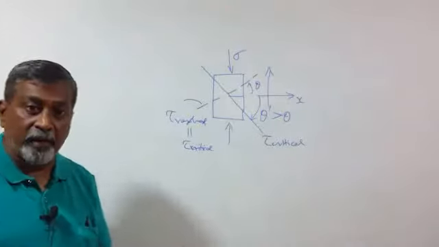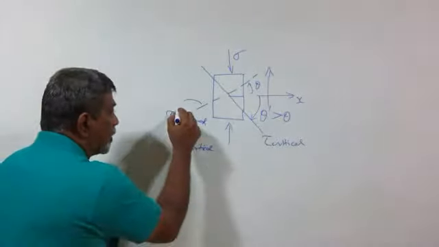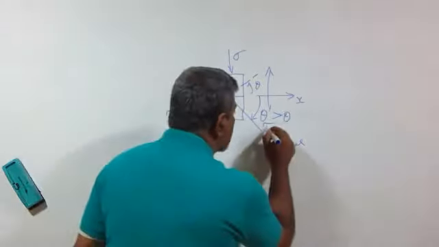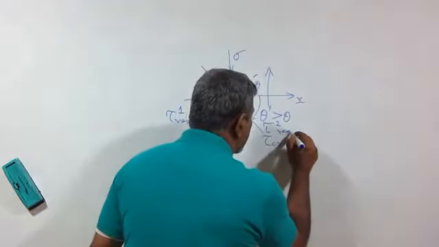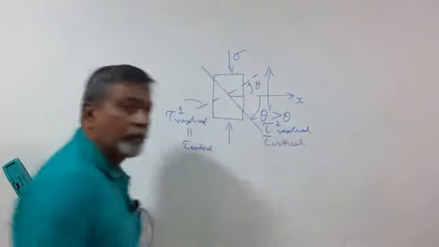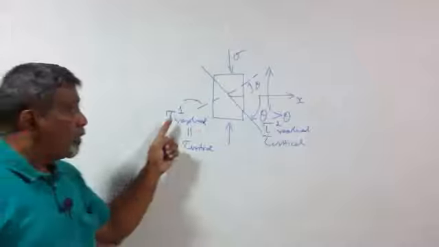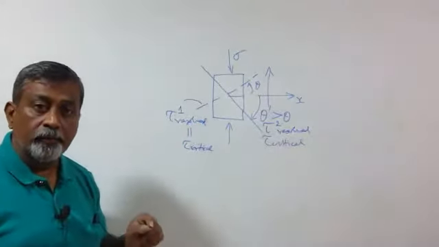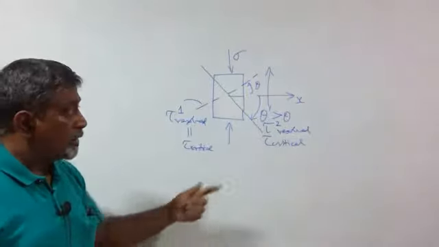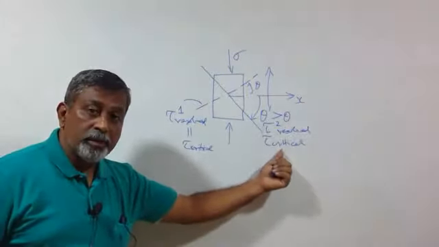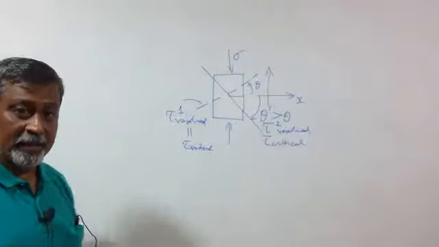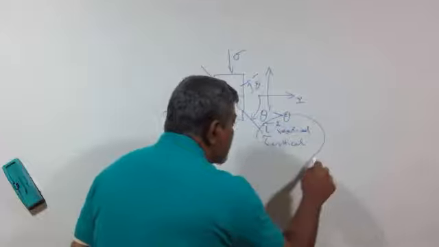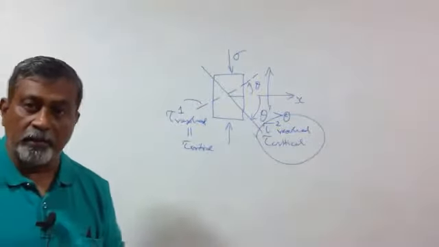Well, that's not very difficult for me. I'll find out this. Let me call this tau resolved 1, and let's say this is tau resolved 2. Now, if tau 1 resolved is less than tau 2 resolved, for this same stress, tau 2 resolved will reach this value tau critical faster than tau 1 resolved, which means that this will be the plane along which it will fail.